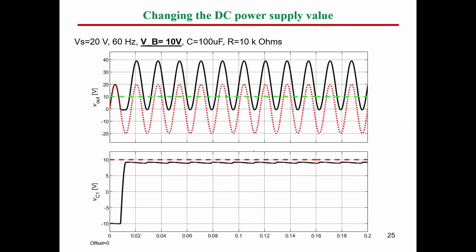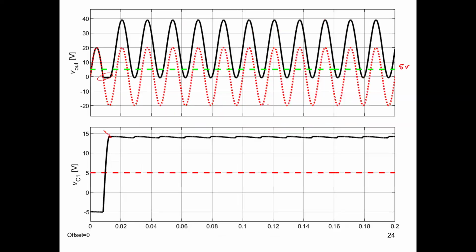Now, let's see the effect of changing the battery volt. If we change the battery volt to be 10 volt instead of 5 volt, what we can see here is that the offset of the waveform has changed by 10 volt instead of 5 volt. In the previous shape, this is the waveform in case of 5 volt.